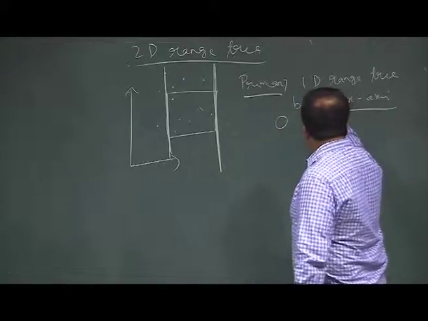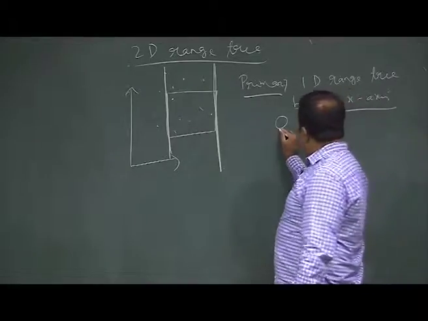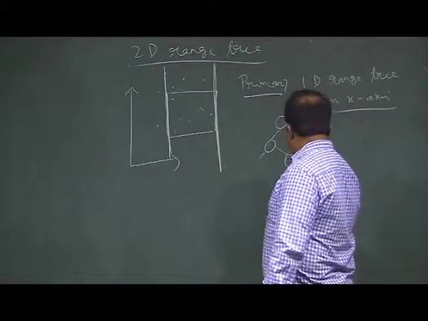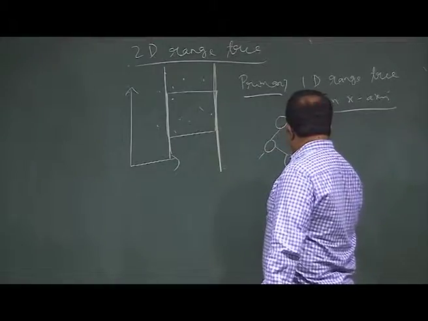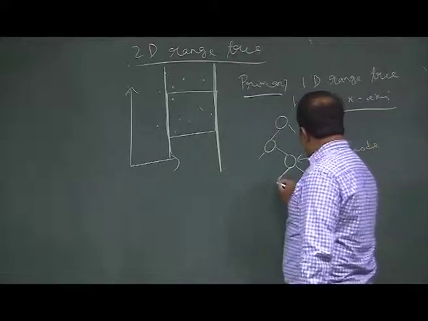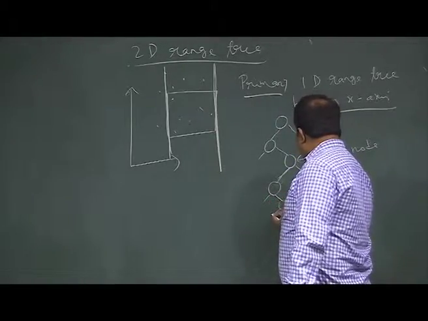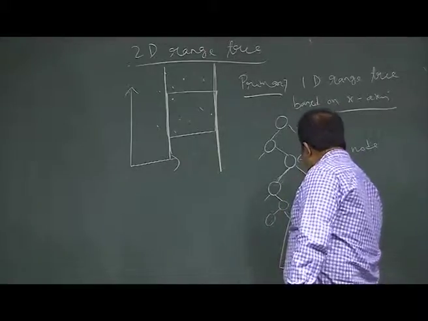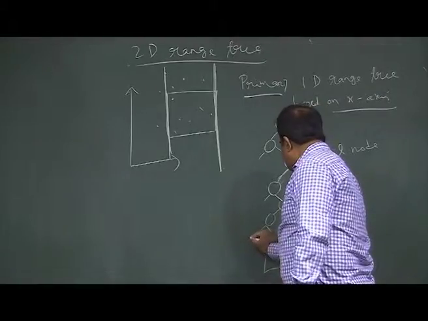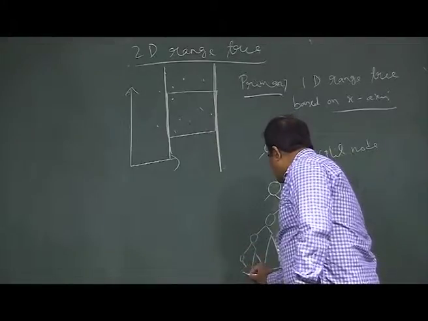This is our 1D range tree based on the x coordinate. We start with the root, we go left, then we go right like this, until we reach a split node. Once we reach the split node, we again continue. If we go right, then if we go left, all of these are relevant. Then again from here like this, like this, like this.